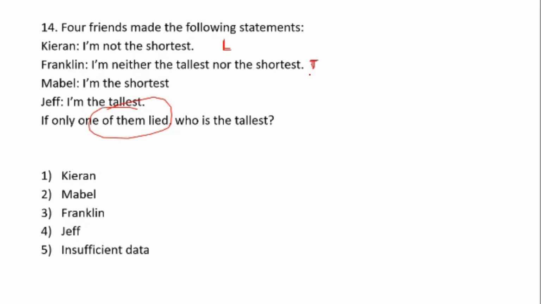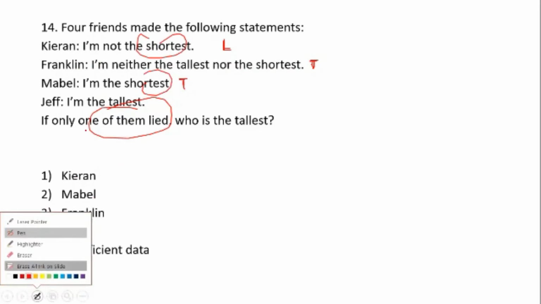Franklin is neither the tallest nor the shortest. And then Mabel says, I'm the shortest. And then this is true. Kieran says, I'm not the shortest. If that was a lie, that means he is the shortest, right? We cannot have two shortest persons. So Kieran cannot be the liar.